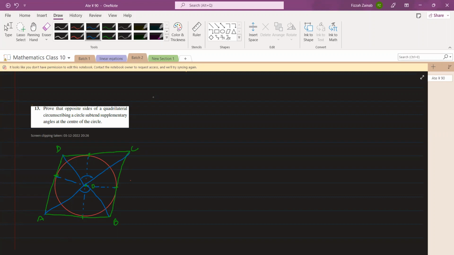So you have to prove here that angle AOB plus angle COD is 180 degrees. And similarly for the other sides, angle AOD plus angle BOC is 180 degrees. This you have to prove.